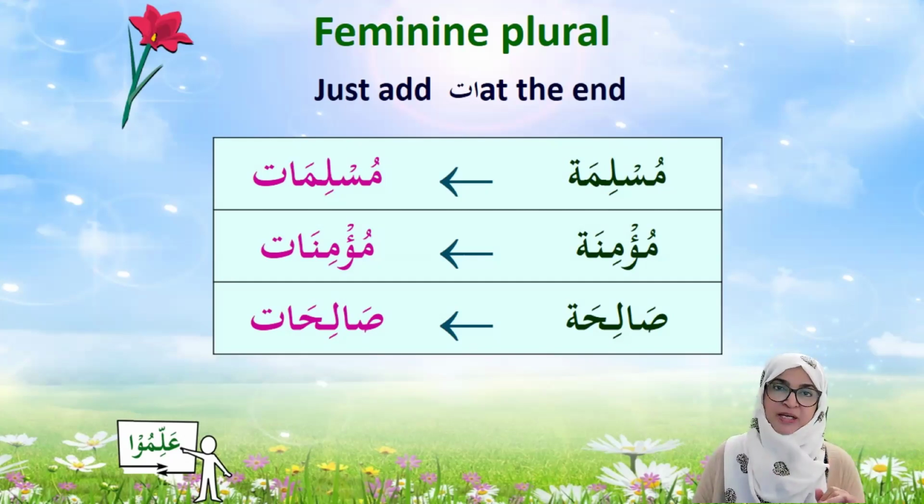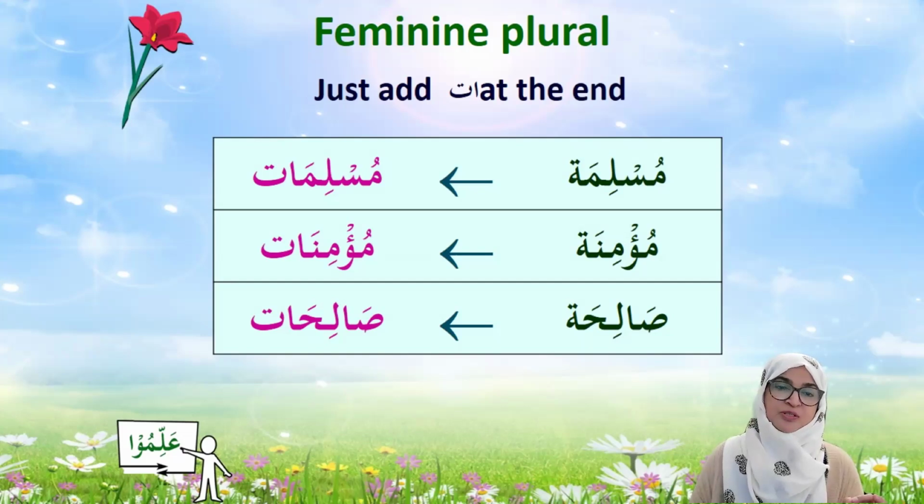You added ta marbuta to change from masculine to feminine. Now, if you want to make it plural, instead of ta marbuta you will add alif and ta at the end.